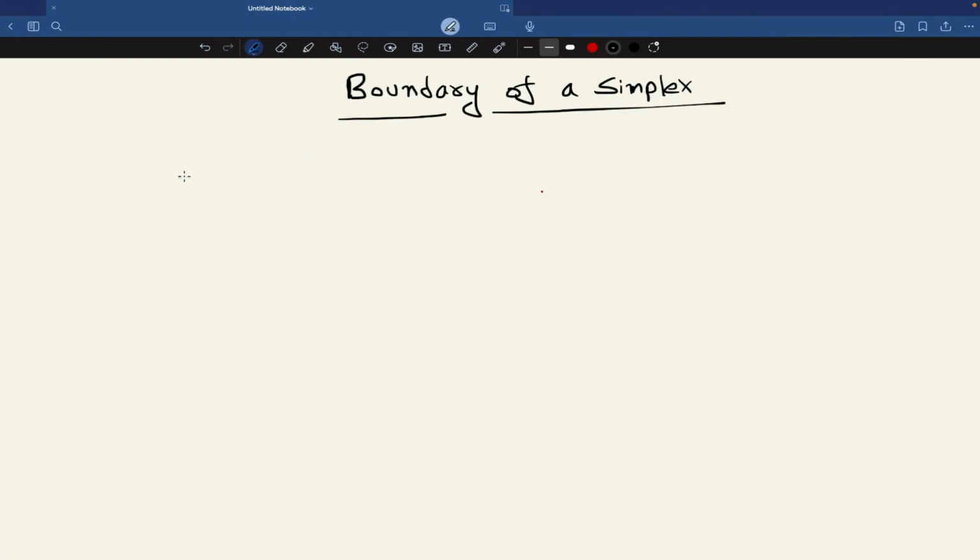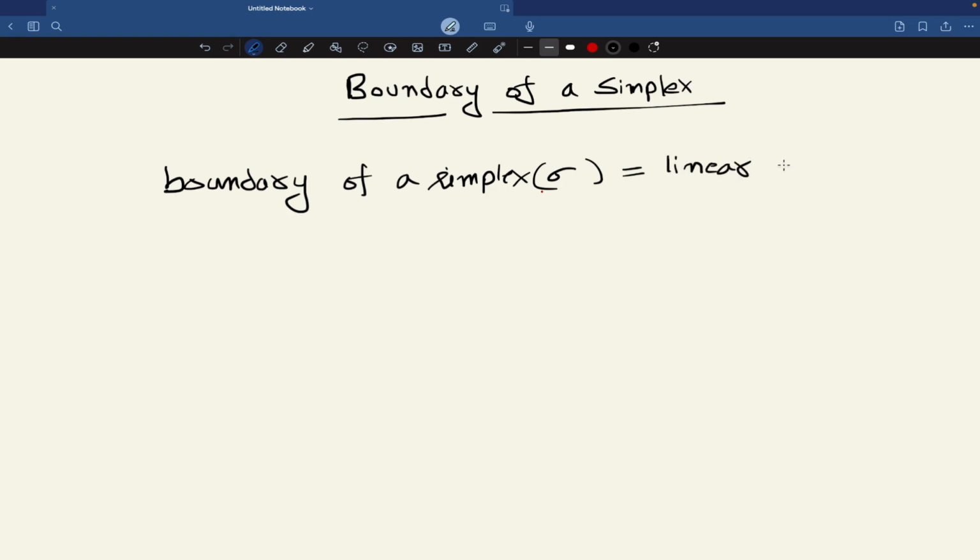So the boundary of a simplex, let's say the simplex is sigma, is defined as a linear combination of its faces.